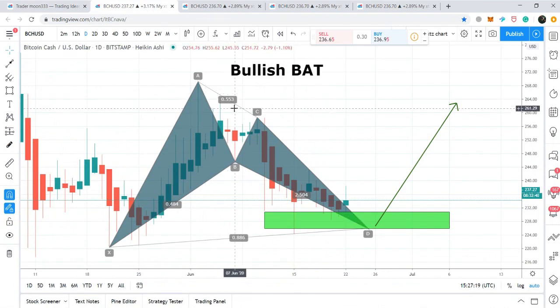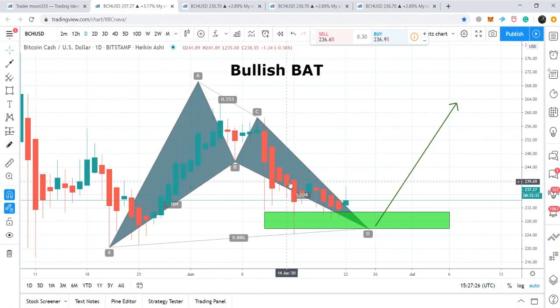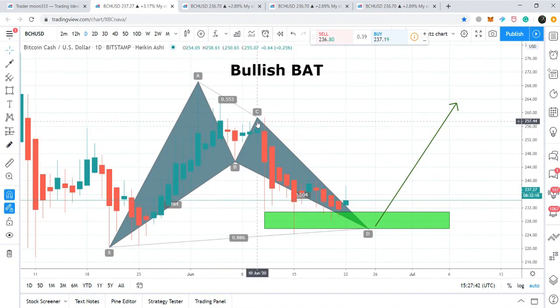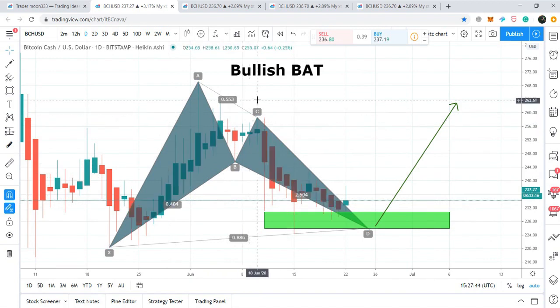This is the fourth continuous bullish bat pattern formation we can see here. And now finally the price action has entered this potential reversal zone. This is the initial leg, and this is the A to B leg that is retraced between 0.382 to 0.50 Fibonacci retracement level. You can see this retracement level here. And then the B to C leg is retraced up to 0.382 to 0.886 Fibonacci projection level.